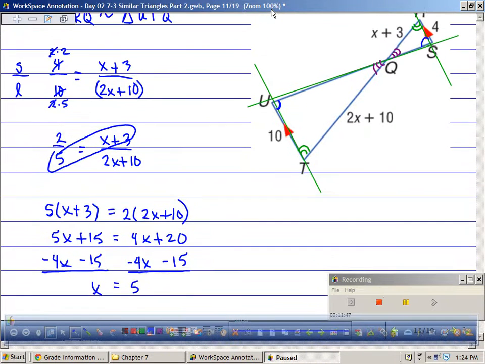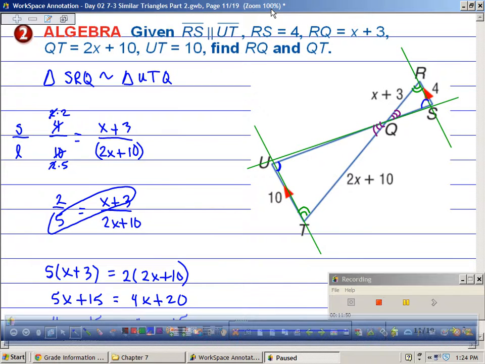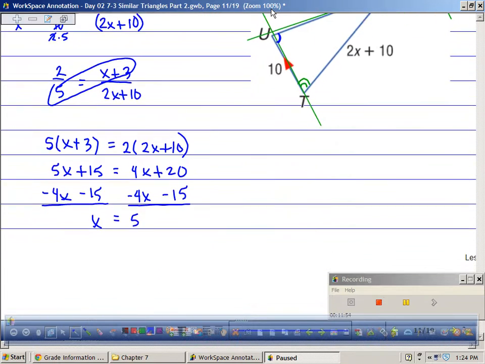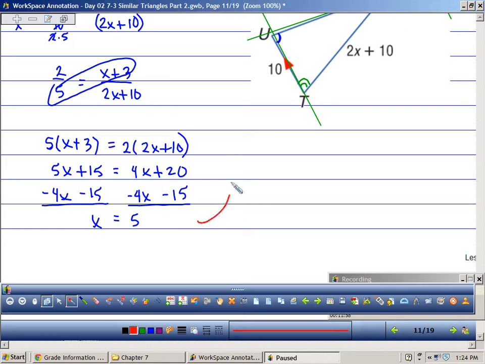What were we looking for? The original question, RQ and QT. Yep. RQ and QT.